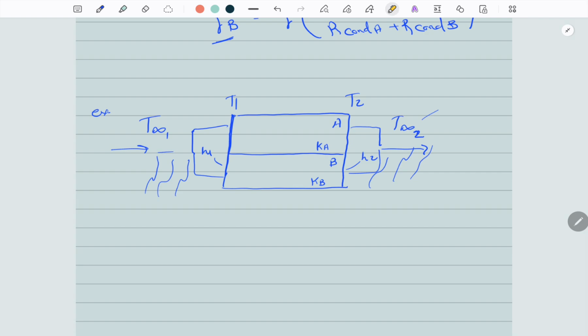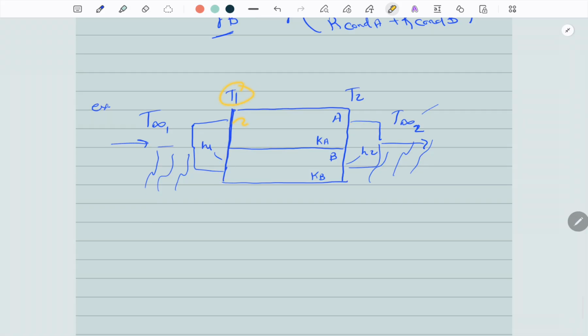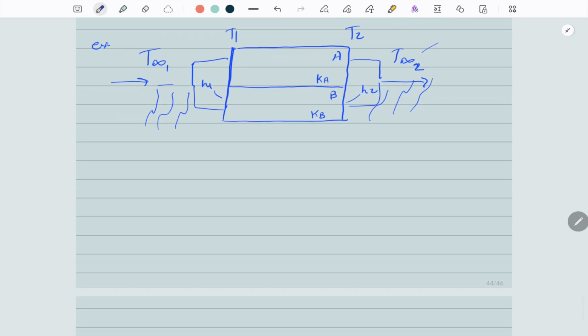Also, one thing I forgot to mention is that we're going to assume that this section here is adiabatic, meaning that there is no heat flowing from B to A or from A to B. We're also assuming that these nodes are isothermal, meaning that the temperature T1 is the same at any point on this surface, and the temperature T2 is the same at any point on this surface here. Now, the difference will show up when drawing a thermal circuit.